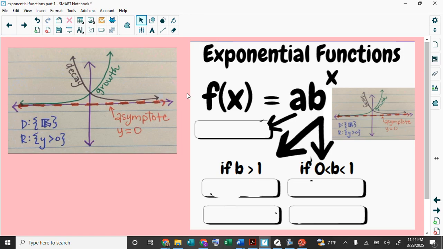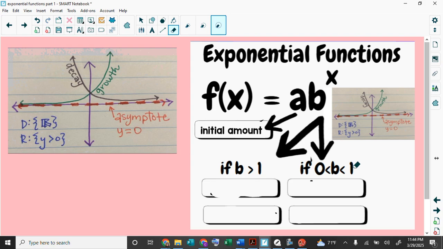And so anytime we have an exponential function, we have basically two numbers. This first number right here, f of x equals a, is the initial amount, what you're going to start with. And then this b, that number is either greater than 1 or between 0 and 1.